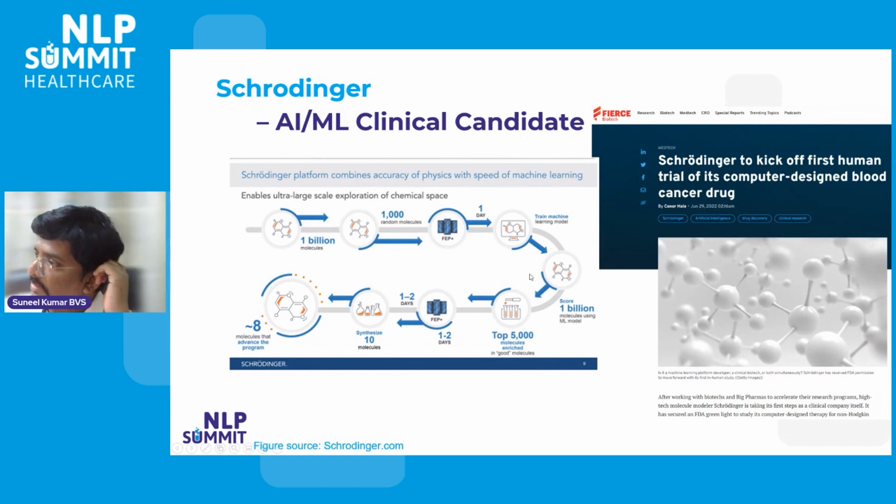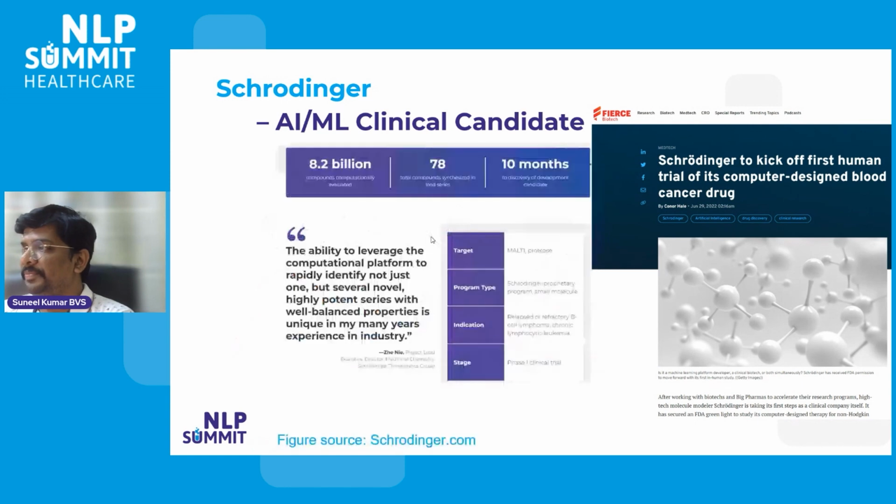And now coming to another success story from Schrodinger. They came up with a hit to clinical candidate within a short term, within 10 months, and were able to discover a novel potent inhibitor for MALT1. Again, it's a blood cancer target.